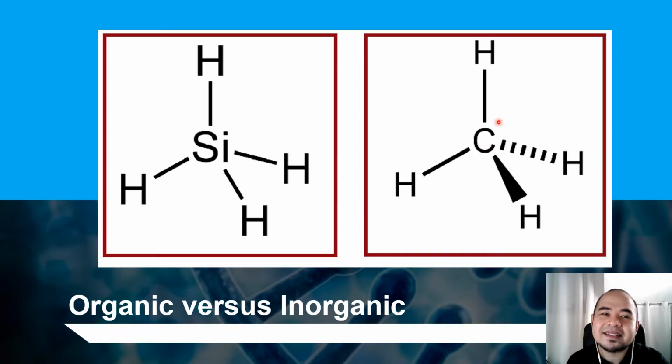And I think it's a bit popular that when something is considered an organic molecule, it has the carbon atom, okay? But remember, that is not always the case because there are some exemptions to that rule. The exemption, for example, is carbon monoxide, carbon dioxide, calcium carbonate. Okay? Yeah, they have carbon atoms, but they are not organic molecules.